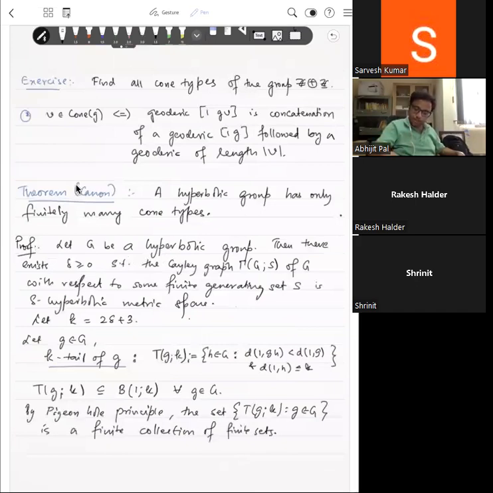We can do this tomorrow. Using this, one can prove that a hyperbolic group has an infinite order element. Okay, I'll stop here. If you have any question, you can ask.